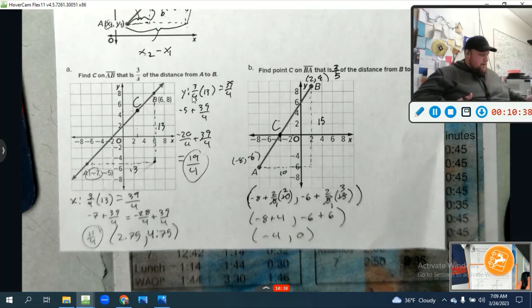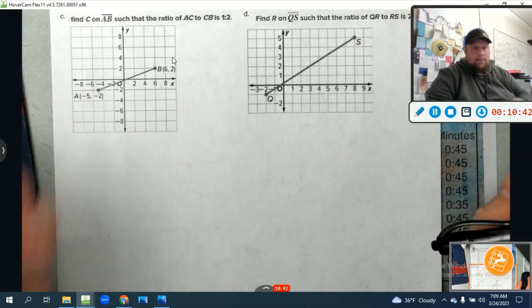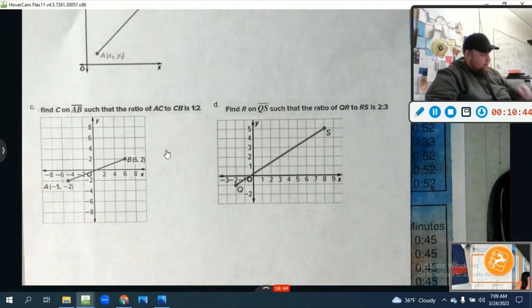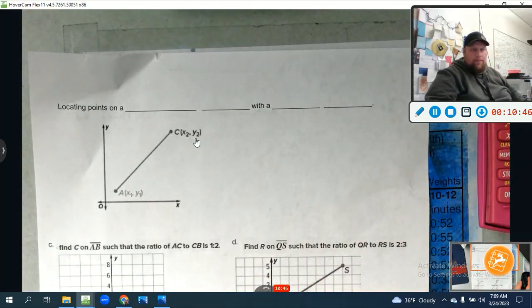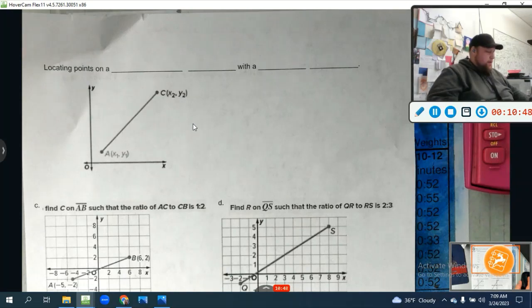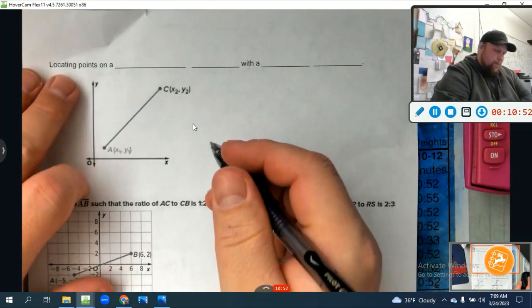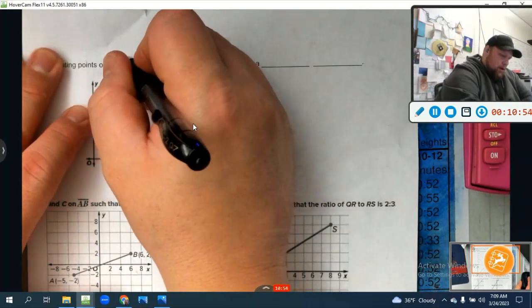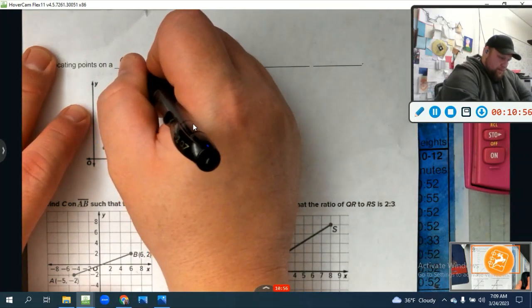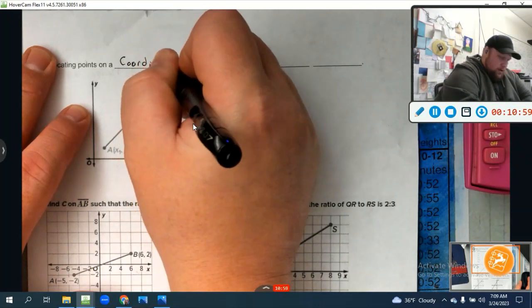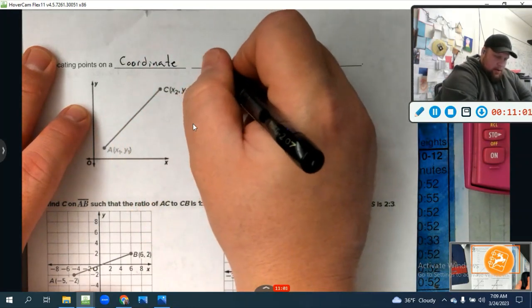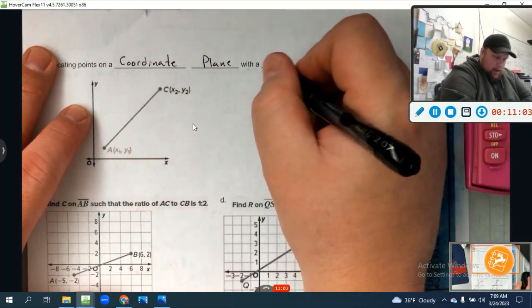All right, let's go to the next. Okay, and what does this say? Locating a point. I bet you that says coordinate plane. All right, I have my notes out. On a coordinate plane with a given ratio.